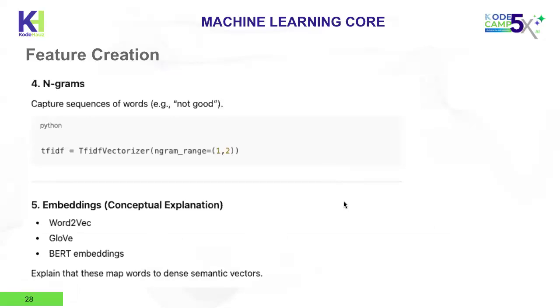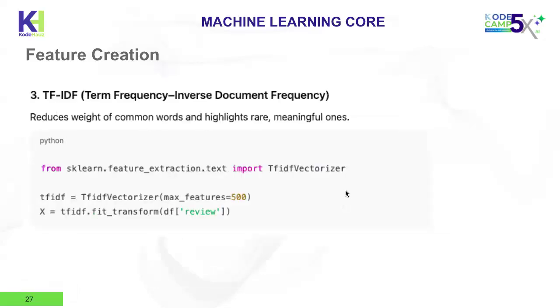The other things you can do with text, you have reduction of weight of common words. You also have what we call TF-IDF, which is term frequency or inverse document frequency. So this is a way of trying to equalize the occurrence of words, by reducing the weights of words that are very common, and highlighting rare and meaningful words.